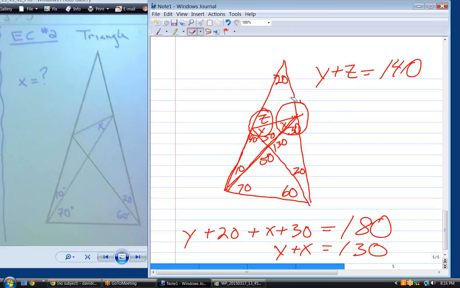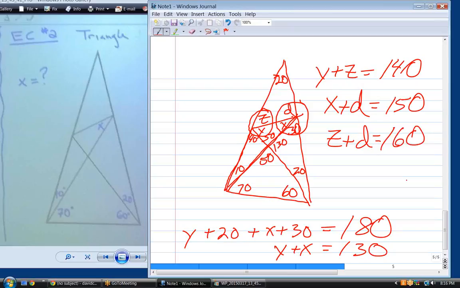So this angle, x plus this angle, x plus d equals 150. And z plus d equals 160. So if I subtract the two, I get z minus x equals 10.